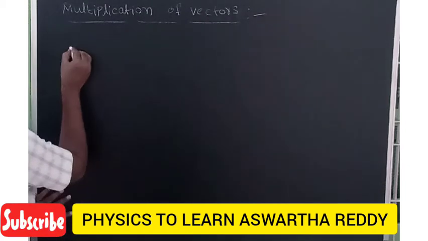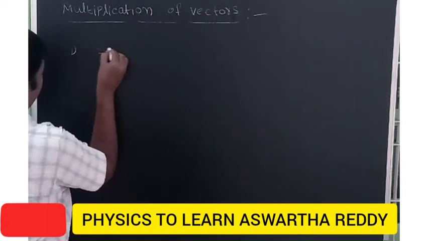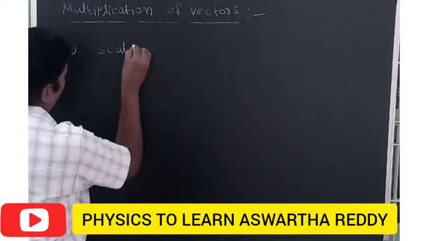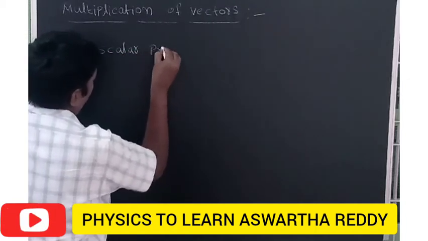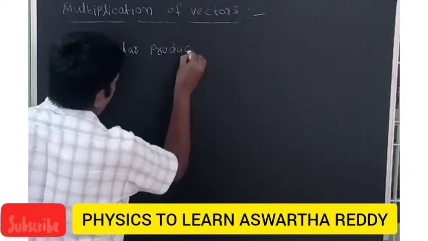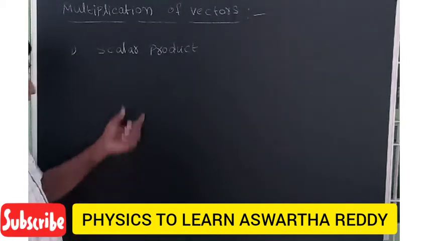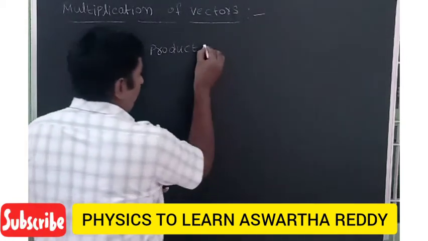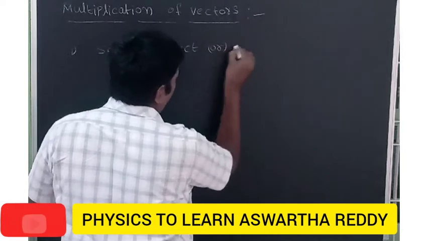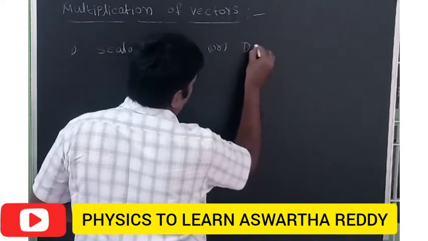In the first method, we call it the scalar product. Another name for this is the dot product.